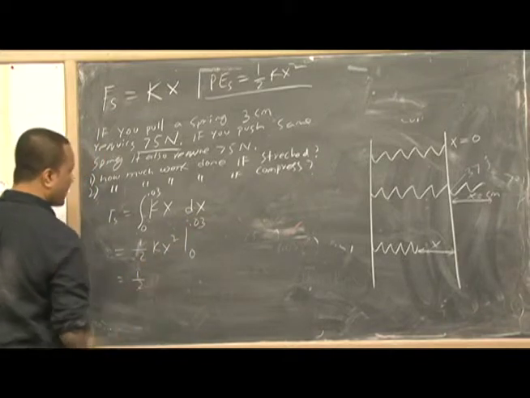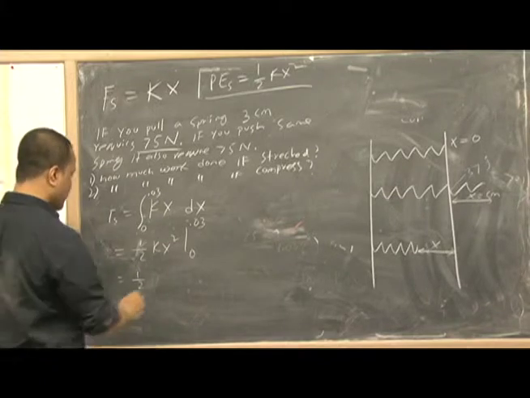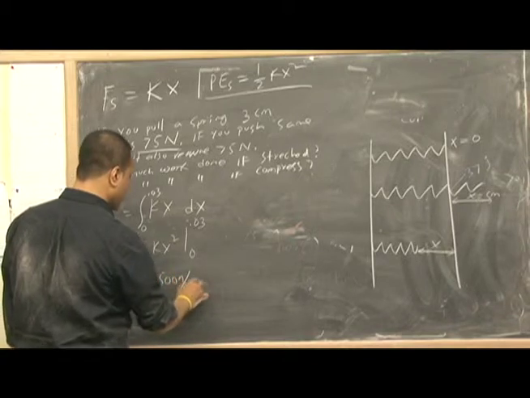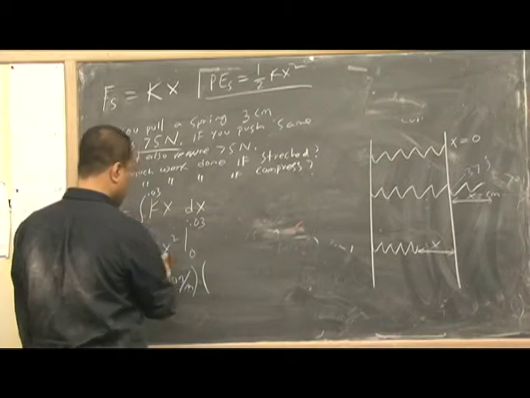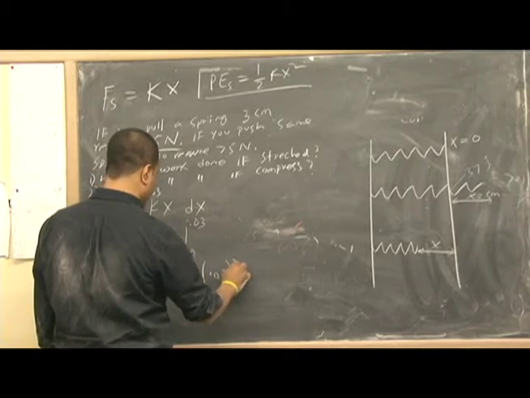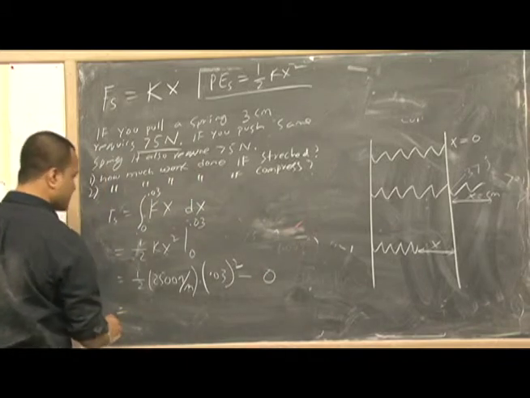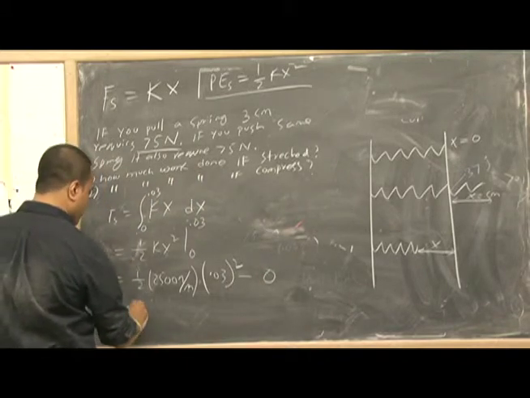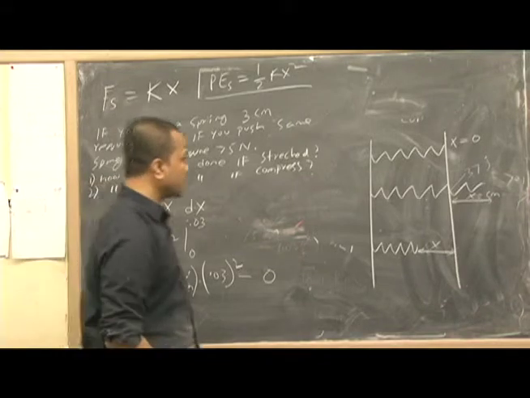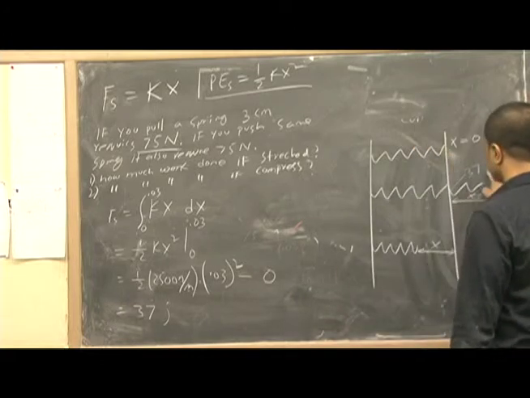Half k, we already know what k is, 2500 Newton per meter, times 0.03 squared, minus 0, which gives us 37 joule.